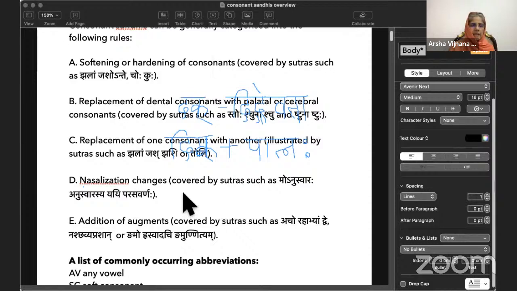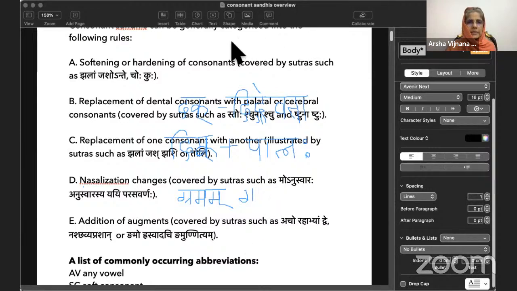Like if we say Gramam, and then Gaccha, what am I saying? Gramam gaccha. What does that mean? Going to the village. Go to the village.